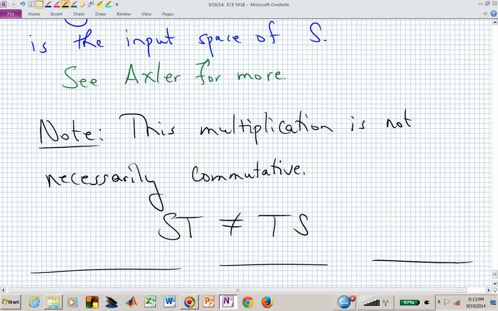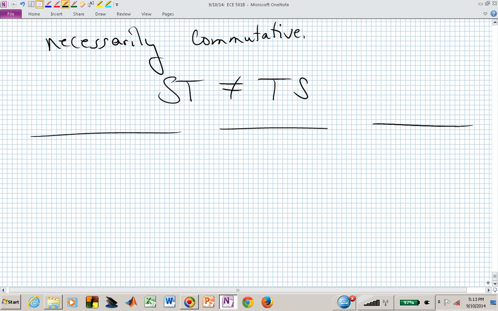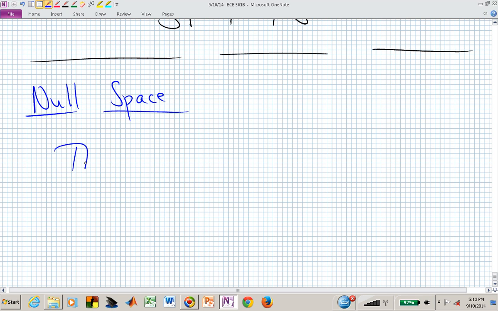Now, as a precursor to where we are going, we need to get into concepts dealing with these operators. And one such concept is the null space. This is giving you something to chew on over the weekend.